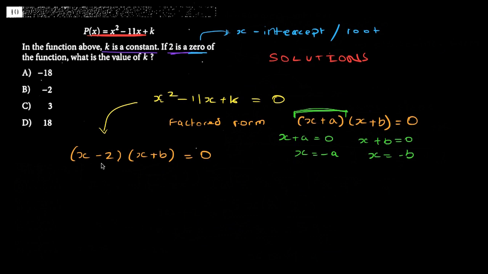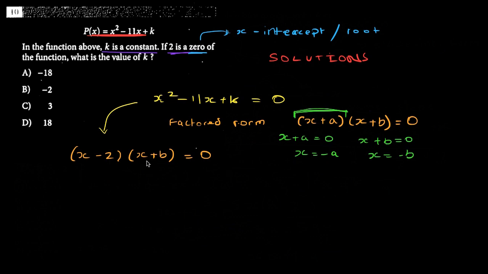And the reason I did x minus 2 is, if I solve for this factor like I did right here, it's x minus 2 equals 0, x equals 2. Isn't that what the question says? 2 is a 0. This 2 is a solution. I hope that makes sense, how I got one of the factors.